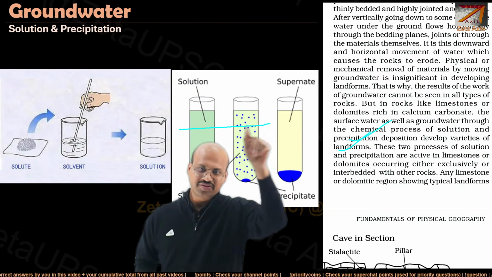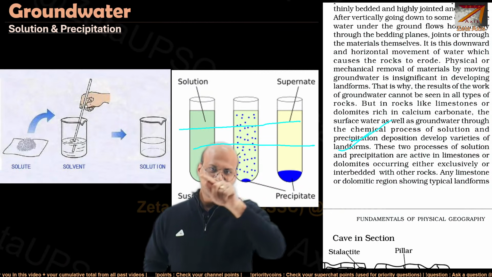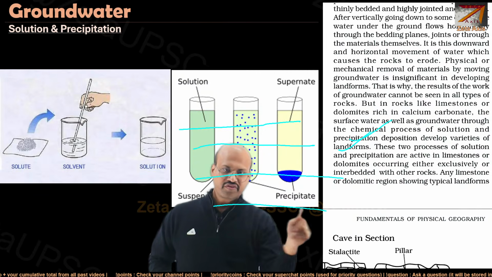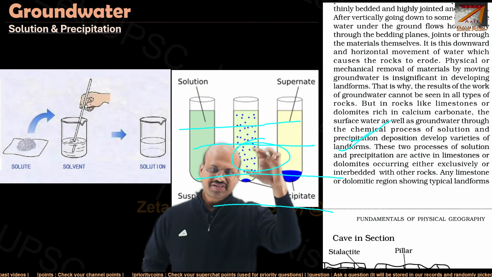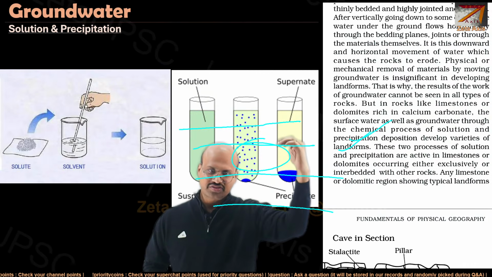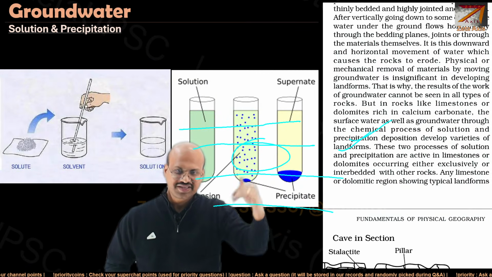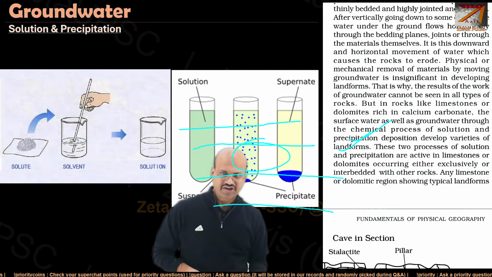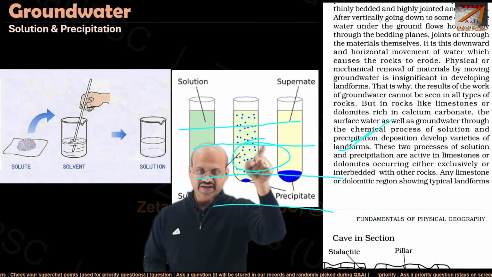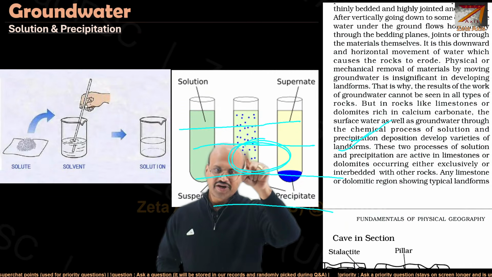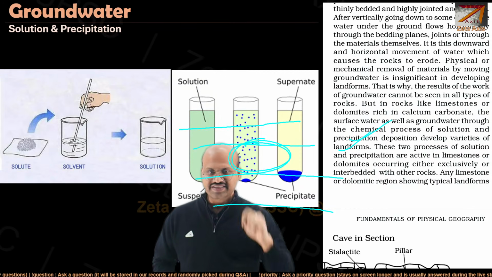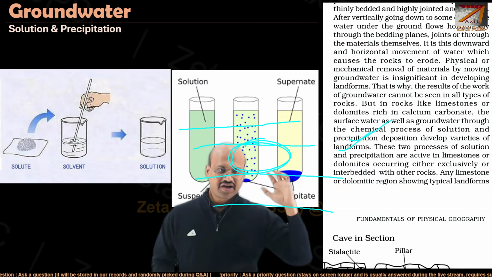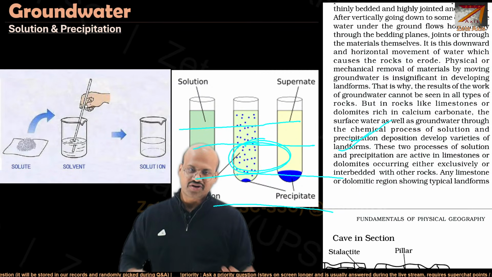For example, suppose these are different layers of rocks, and only here you have this much section of limestone. So this limestone is embedded in other rocks. Even here you will see that groundwater will react with the limestone or dolomite over here and it will create landforms. So groundwater erosion will also be visible in these cases where there is limestone and dolomite with other types of rocks.